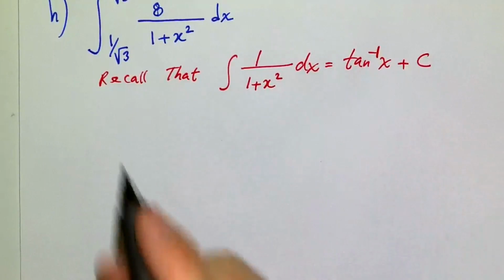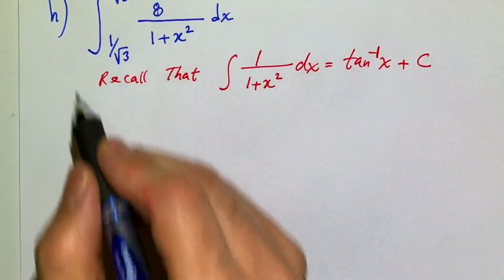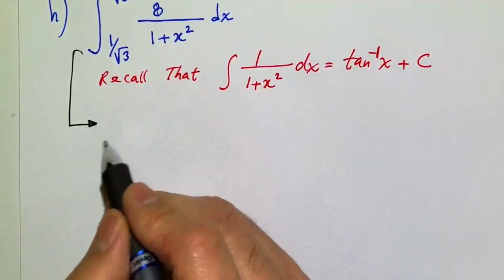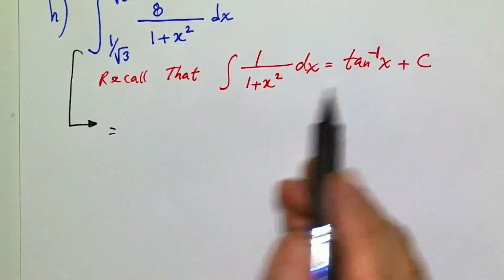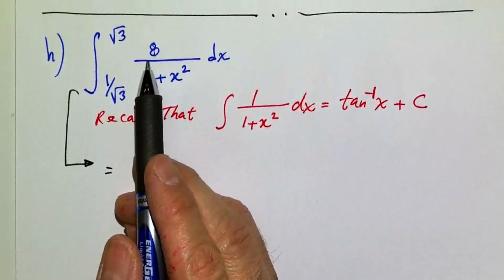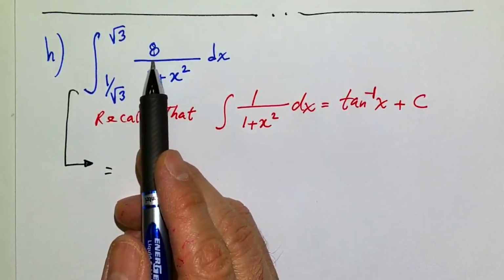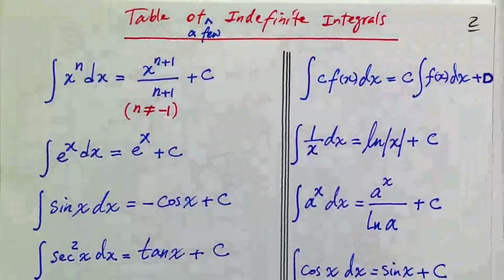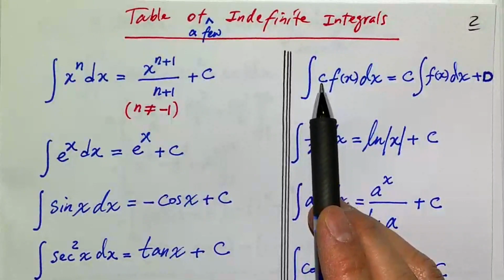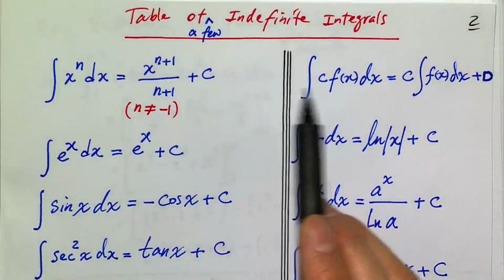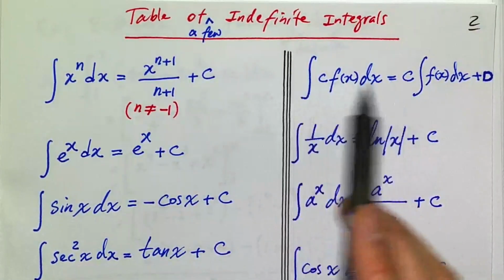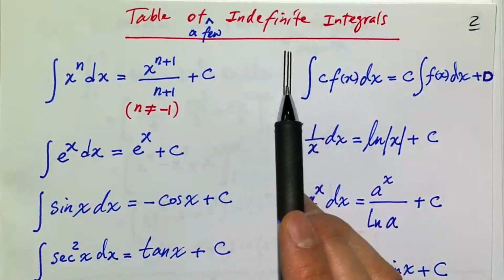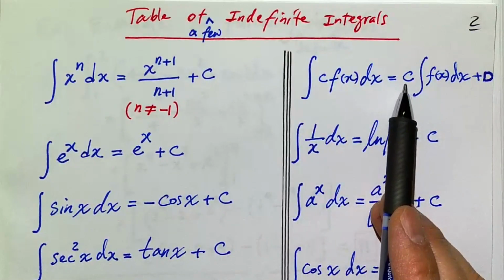Okay, so then in that case, let's write this out. But we have an 8 here, right? We have an 8. So 8, and we had another formula here that any constant on the inside of an integral, which is being multiplied by the rest of the expression, can be brought out and in front. Okay, so that's what we had.